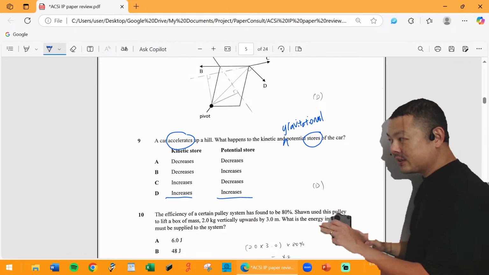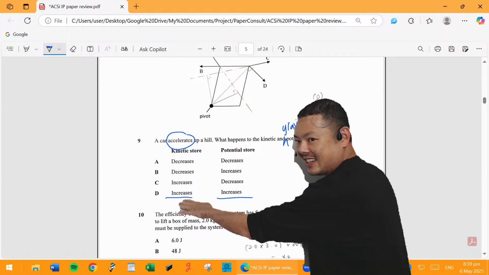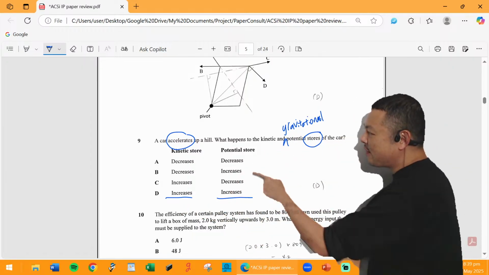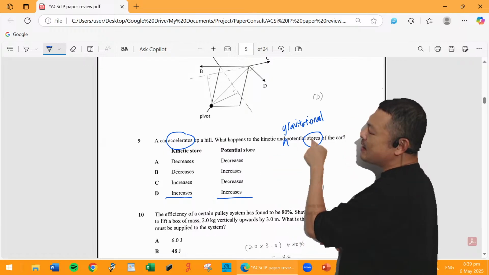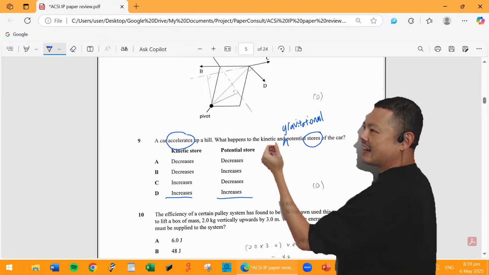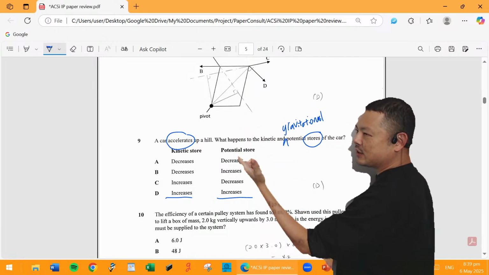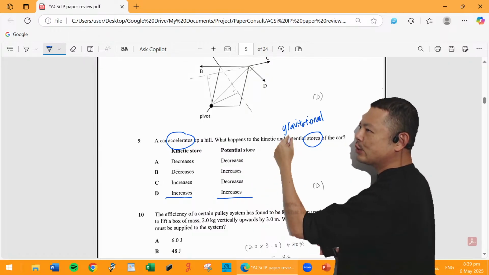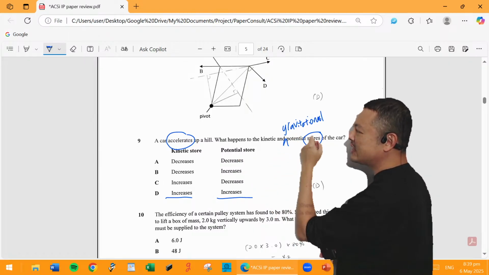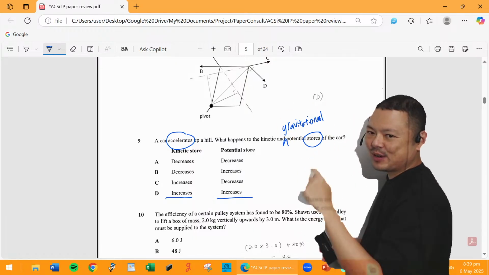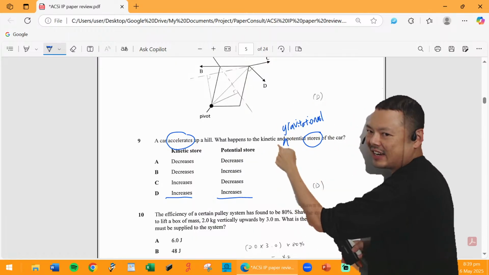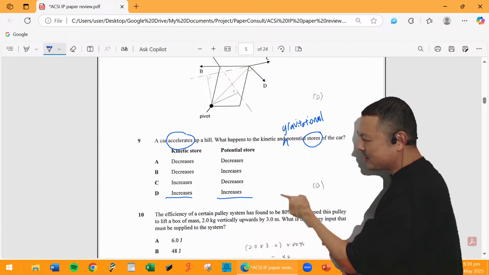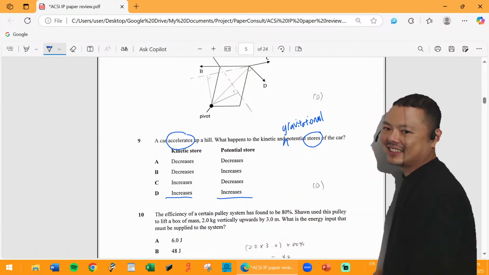Is the answer D or C? Answer is D, is it? Actually, you can fight. You say potential store, you can say that. By logic, gravitational potential and chemical potential store overall, you would lose more chemical potential store than you would have gained gravitational potential store, because some of the energy is used to create kinetic energy for the car. So technically speaking, C should be the correct answer.